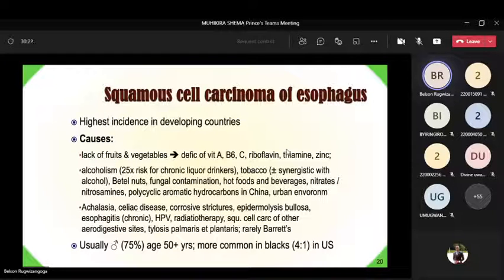There is another condition called epidermolysis bullosa. You will have learned it in dermatology, and when we see dermatopathology, maybe we'll talk about it briefly. Epidermolysis bullosa, I think from the name itself you can understand what happens.